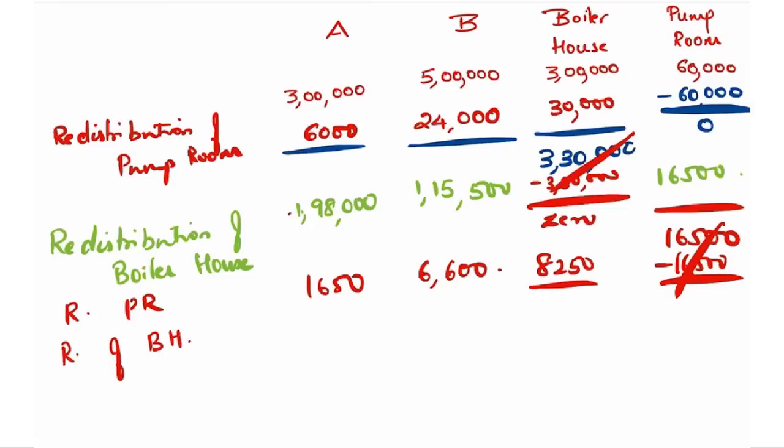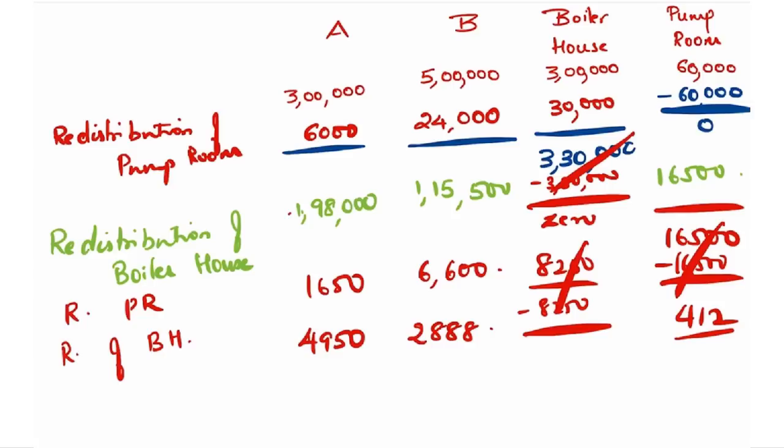So what I can do is my 412 what is there of the pump room, I can just divide it in this ratio 10, 40 and 50, that is redistribution of pump room. 10% will be 41, then 412 into 40%, that will be 165.